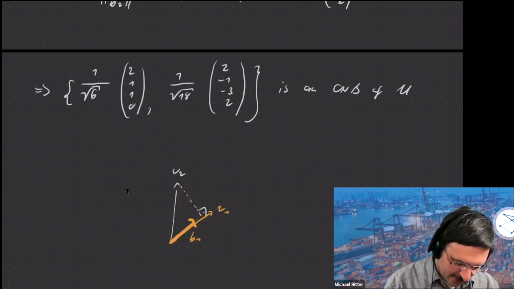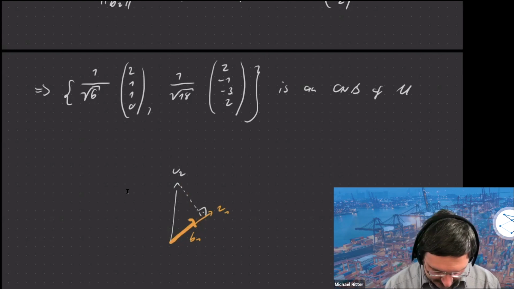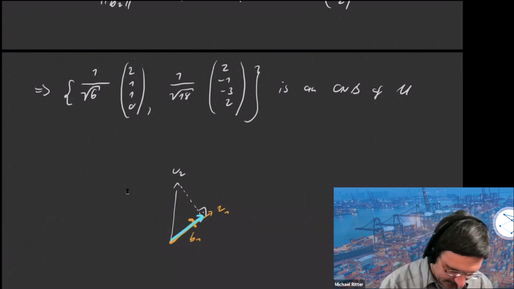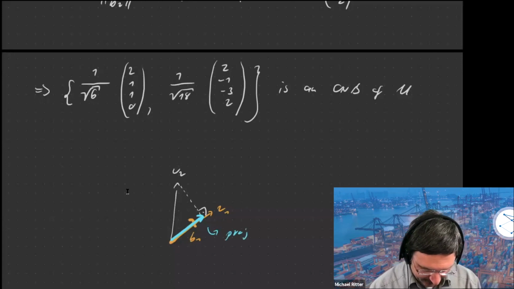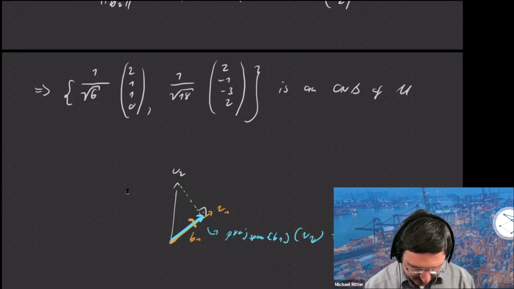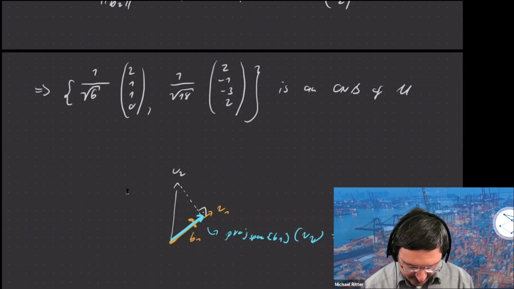And the first one, I think I put that in blue. That first one here, this part here, that would be the projection of V2 onto the span of B1. Right, so this is what we compute when we compute the scalar product of V2 and B1 and multiply by B1.